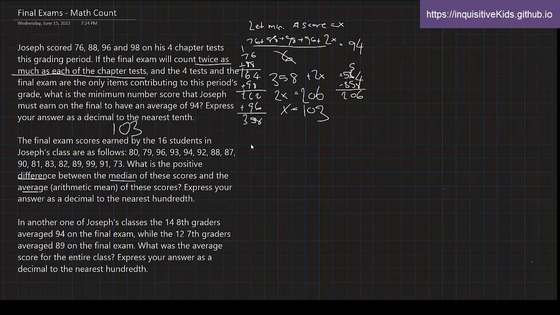So reordering this, we're going to have 73, 79, 81, 82. Now we have 83.